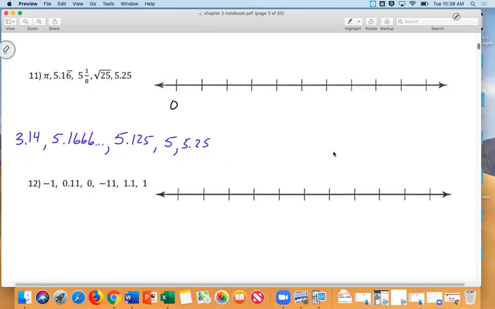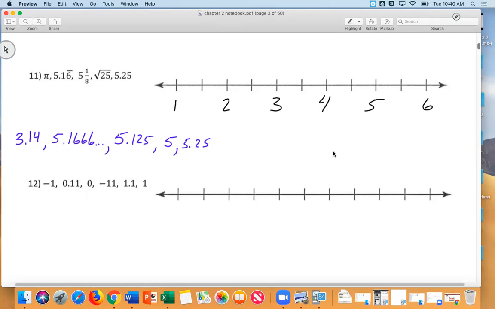Actually, let's scratch that. Let's not even start at 0. Let's start at 1. This is going to give us more room. So 1, and then we're going to count every other: 2, 3, 4, 5, 6. The numbers go between 3 and 5.